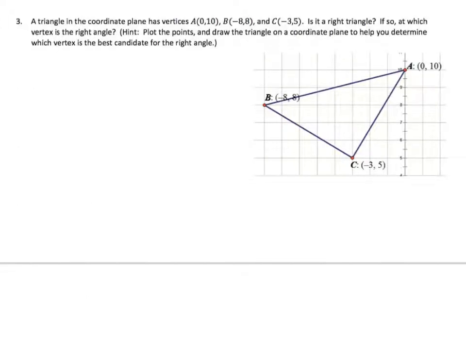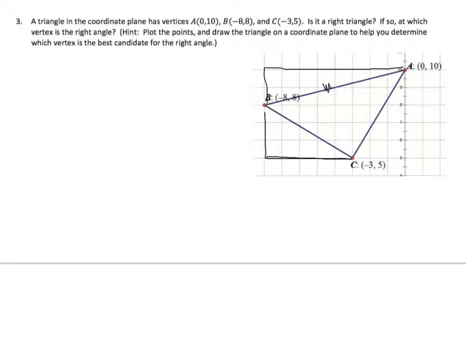All right, next one. A triangle in the coordinate plane has given vertices. Is it a right triangle? If so, at which vertex is the right angle? Hint, plot the points and draw the triangle on a coordinate plane to help you determine which vertex is the best candidate for the right angle. I'm going to see which one's the biggest. So I've got 1, 2, 3, 4, 5, 1, 2, 3, 1, 2, 1, 2, 3, 4, 5, 6, 7, 8.